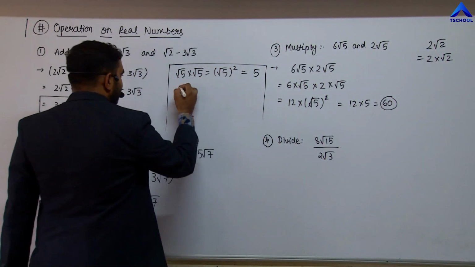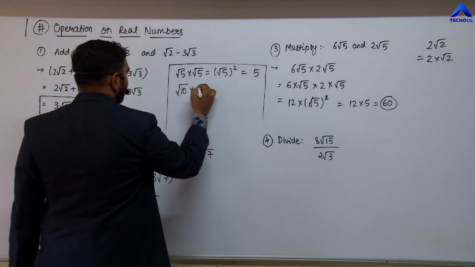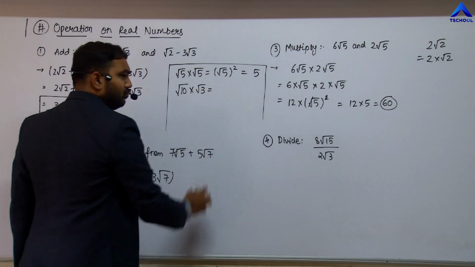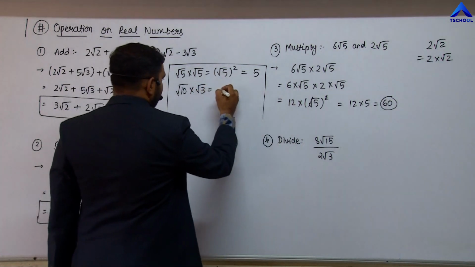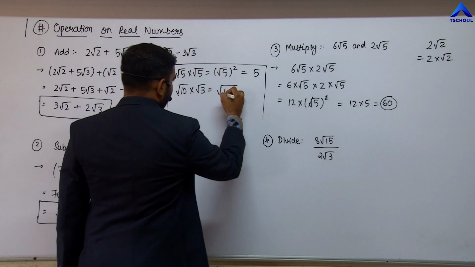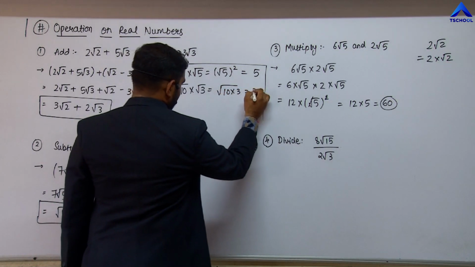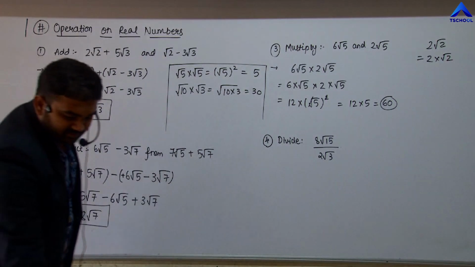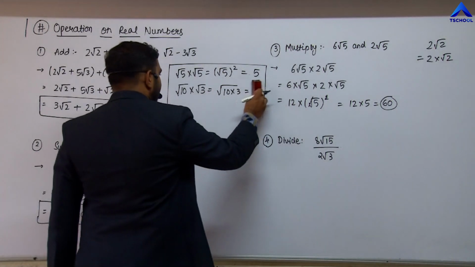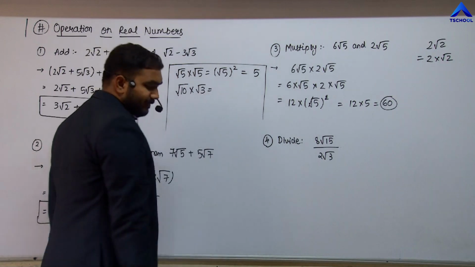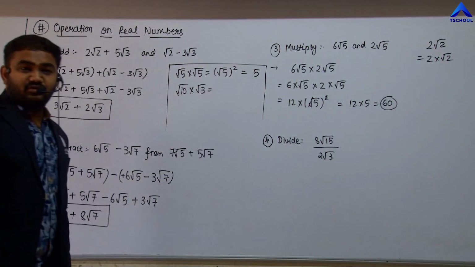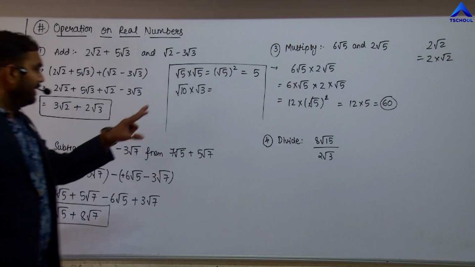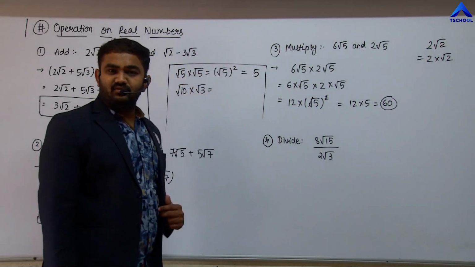But rather than that, if I write root 10 into root 3, that will be not root of 10 into 3, that is 30. You cannot cancel out the square roots here. These square roots can be cancelled out when you are having the same irrational numbers. So you can now write root 5 into root 5 is equal to 5.